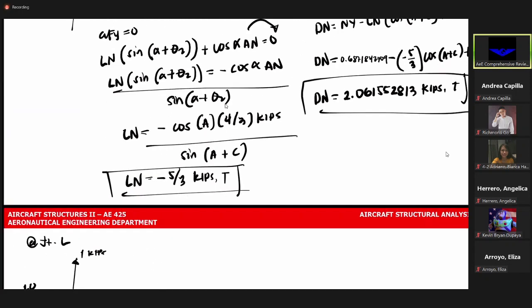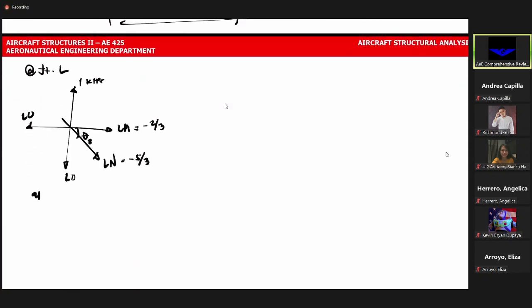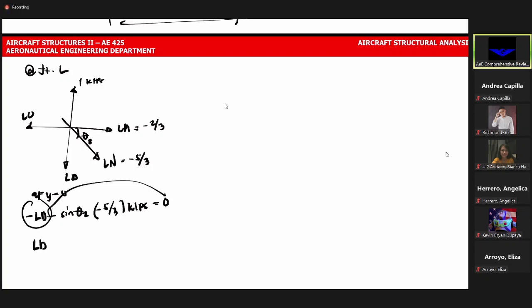And then LD, kukunin natin, and LO. Summation forces Y is equal to 0, negative LD minus sine theta sub 2, 5/3 kips is equal to 0. LD transpose is equal to, anong sagot? Negative sine theta, that is store C.